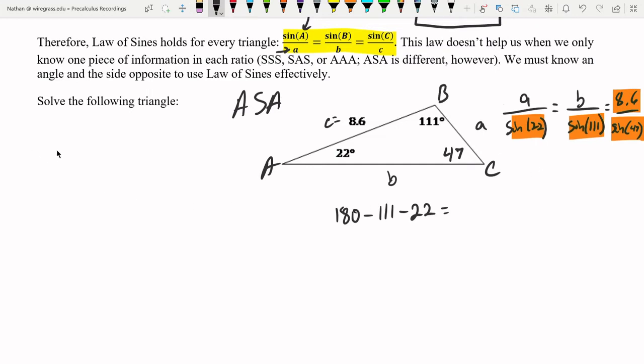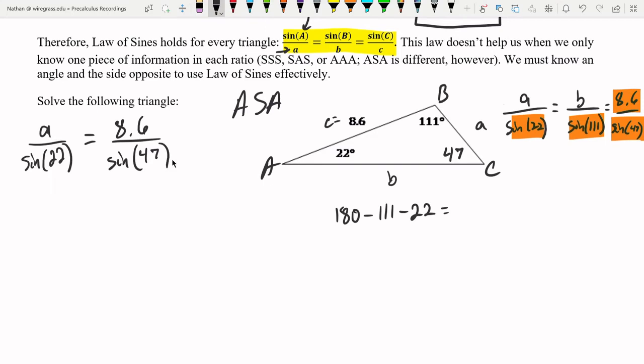Let's start with A. We don't know what the side length A is, but we do know the angle of A is 22. And this equals, we know everything about C. So C is 8.6. That goes on top with the other side length. And sine of C is 47.